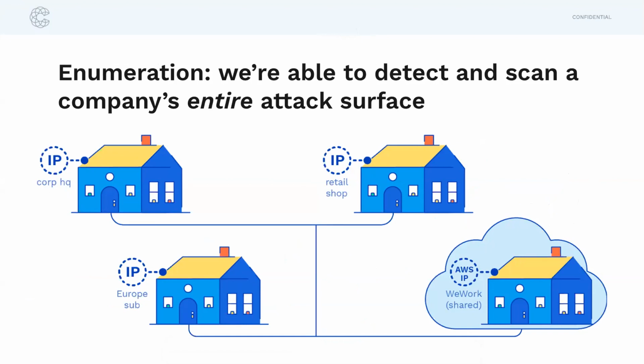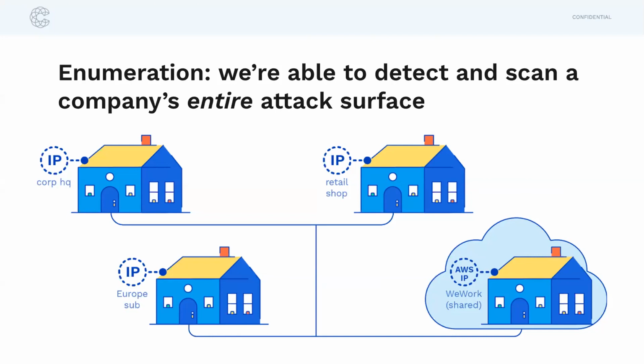And this is where it could be your affiliates or subsidiaries related to the organization, depending on the type of company you are. But one of the other more interesting things you need to be aware of, and something we address with our enumeration, is what I'm showing in the picture, from the house analogy, the WeWork shared office space, where you have employees that go into a shared space. Well, from an application perspective, many companies are now putting applications in Google Cloud, Microsoft Azure, or Amazon Web Services.